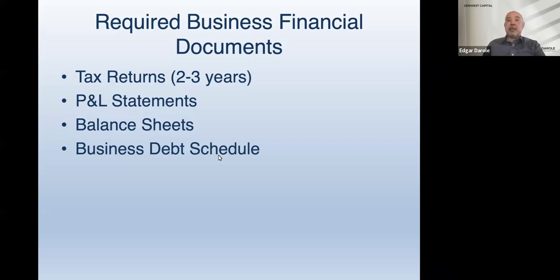What I'm talking about here are business financial documents that are required for a typical business or commercial loan. So you have tax returns, usually 2 to 3 years. In PACE's case, they require 2 years of tax returns, both business and personal. P&L, profit and loss statements, balance sheets, and a business debt schedule. Right now, for instance, we're going on May 1st.